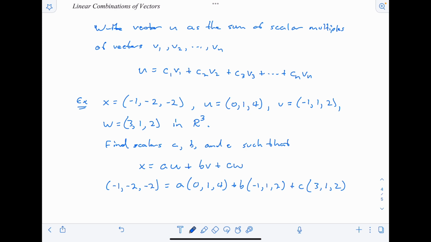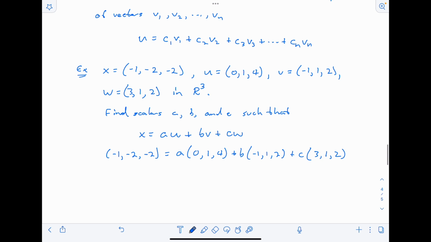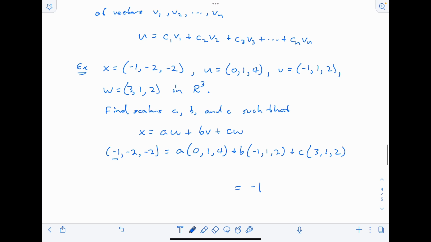Well, we know that if we're adding vectors together, we're going to add the first terms together. But in this case, those first terms are also being multiplied by scalars. So -1 is going to be 0a minus b, and then plus 3c.